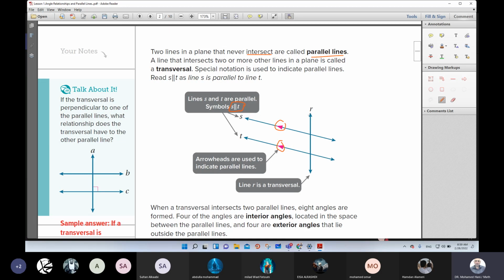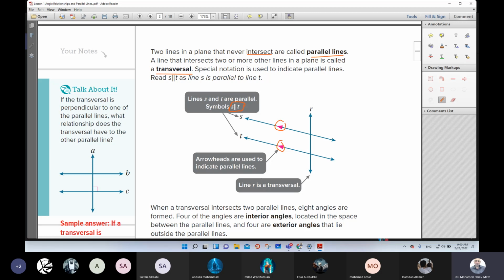And as you see here, the line R intersects more than one line. It intersects two lines in this case. When a line intersects more than one line, the name of this line is a transversal. The arrowheads are used to indicate parallel lines.